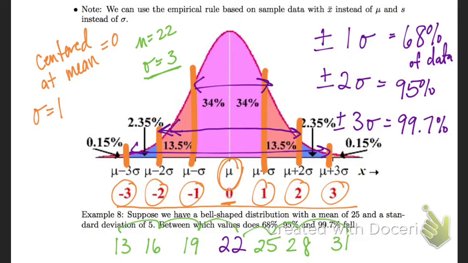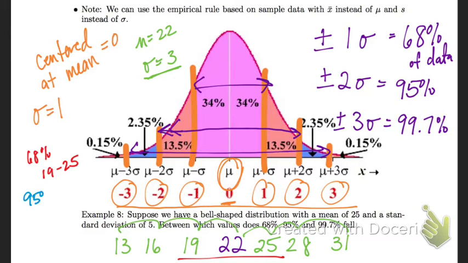I just randomly chose. Based on the normal curve, that means 68% of the population make between a 19 and a 25, because I just went out 1 standard deviation. I'm just making this up, but that's what this normal curve means.